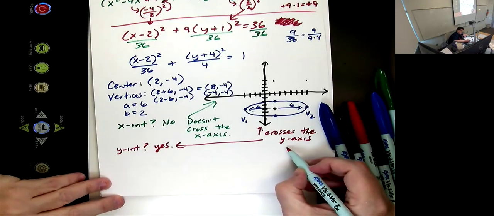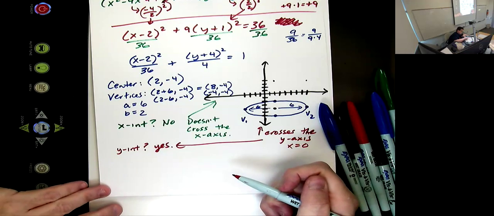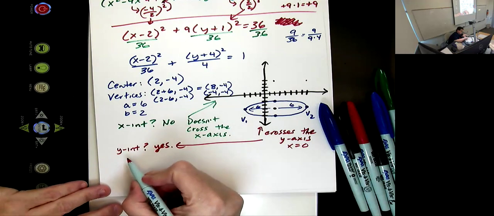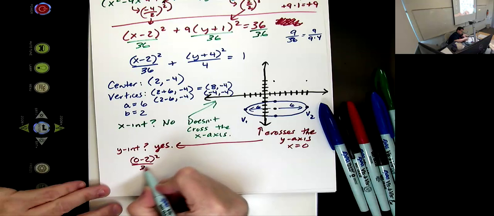Along the y-axis, x equals 0. So if we wanted to find them, we're just going to plug in x equals 0.